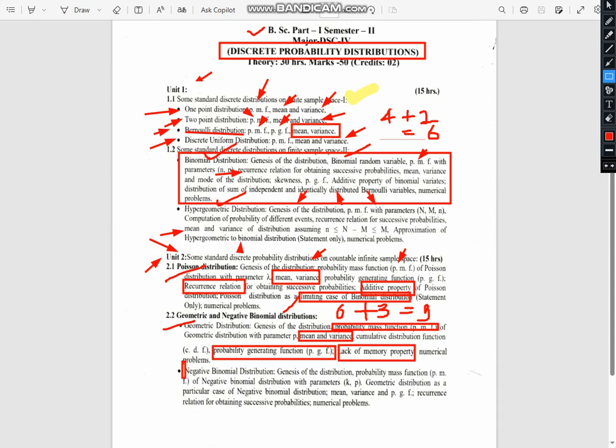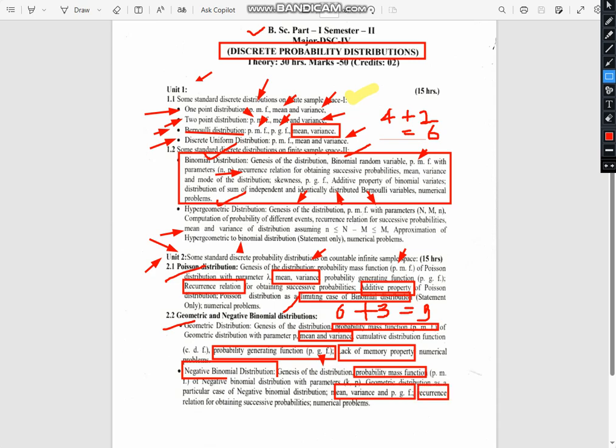As far as the negative binomial distribution is concerned, we need to understand how it originated, what the probability mass function is, and the geometric distribution as a particular case of the negative binomial distribution. The next very important thing is the mean and variance of the distribution, the probability generating function, and also the recurrence relation.